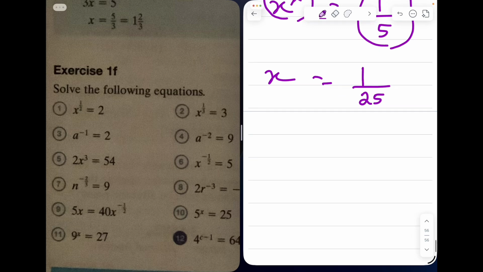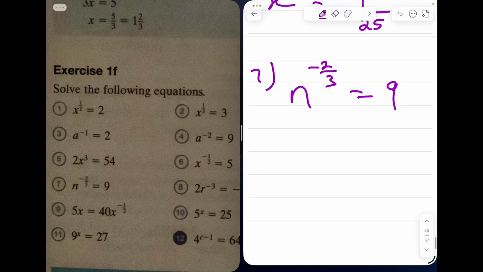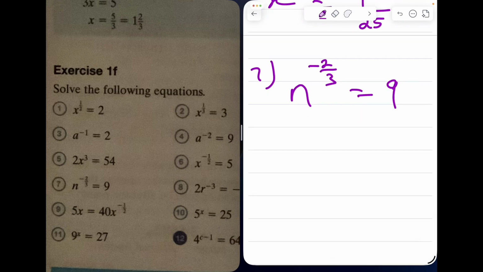Now to the next one, which is number 7. n raised to power minus 2 over 3 equals 9. That simply means 1 all over n raised to power 2 over 3 equals 9.